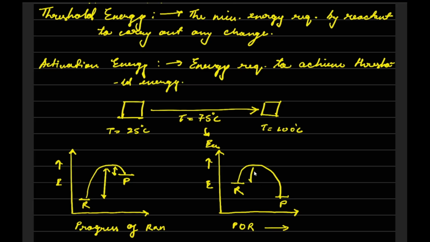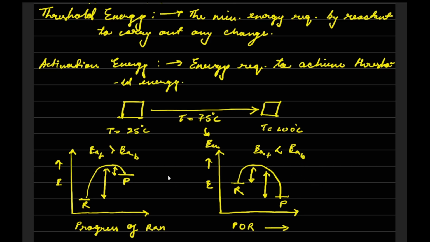This is the activation energy of the forward reaction, and this is the activation energy of the backward reaction. So in this, Ea forward is greater than Ea backward, whereas here Ea forward is less than Ea backward.